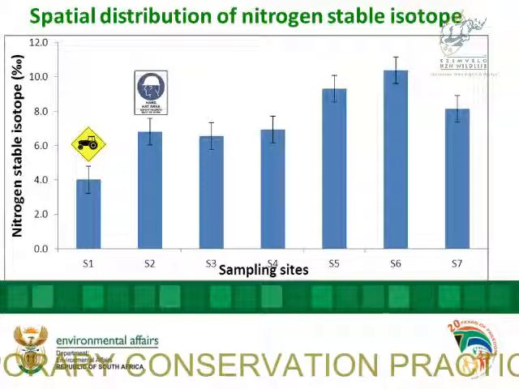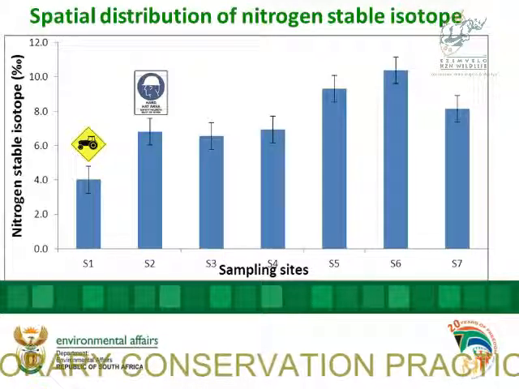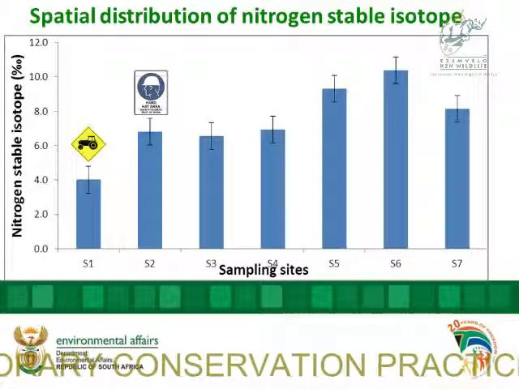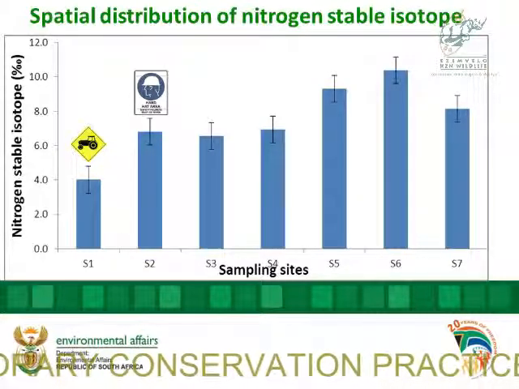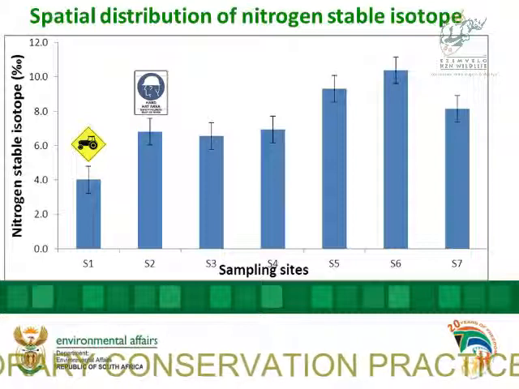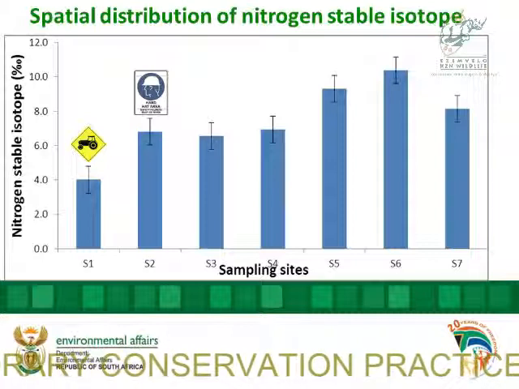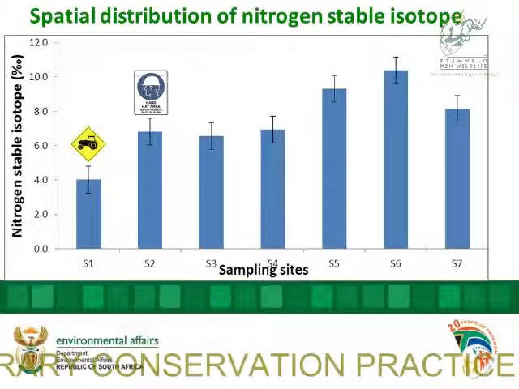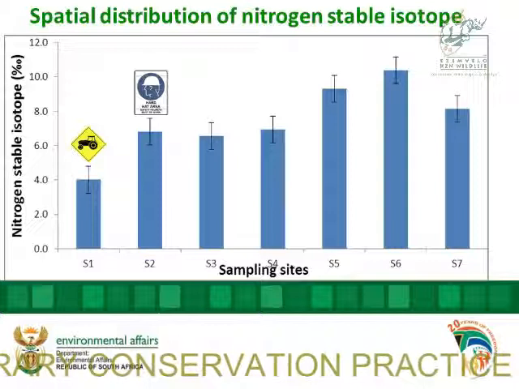But the signatures were a bit enriched compared to Site 1. And that site was positioned to such an extent that it could reflect the effect of the wood processing industry, which was 100 meters closer to that site. And it did just that.